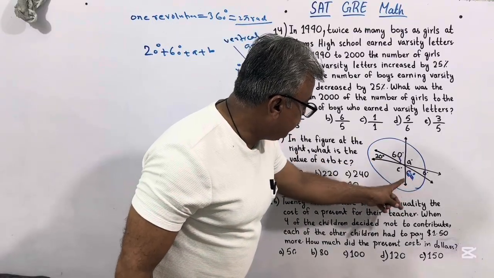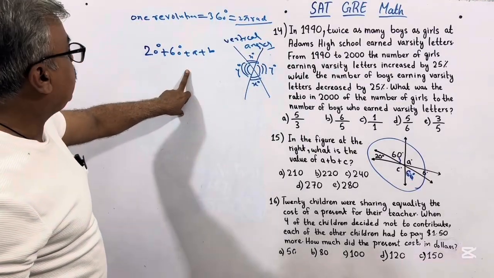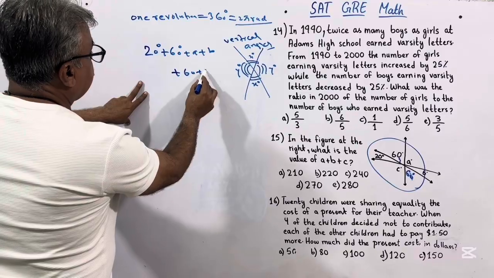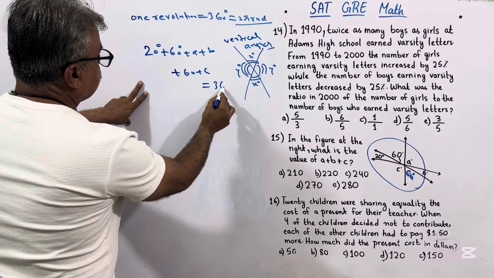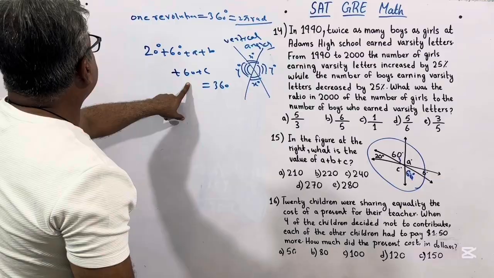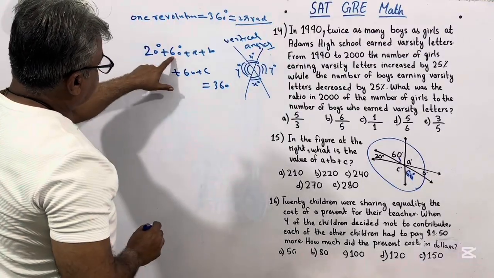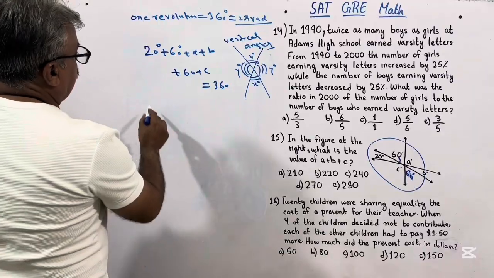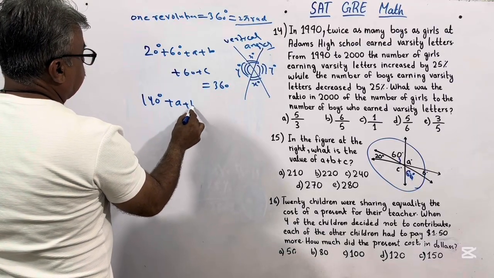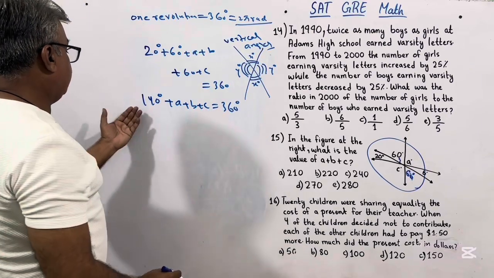Now add them up: 20 plus 60 plus A plus B plus 60 plus C is equal to 360. 60, 120, plus 20, 140. So 140 degrees plus A plus B plus C is equal to 360 degrees or 2 pi radians.